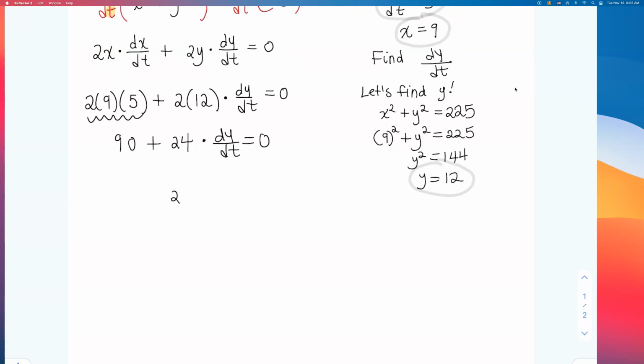Let's solve this for dy/dt. Subtract 90 from both sides, I get 24 times dy/dt equals negative 90. And if I divide both sides by 24, dy/dt is negative 90 divided by 24. That simplifies to negative 15 over 4.